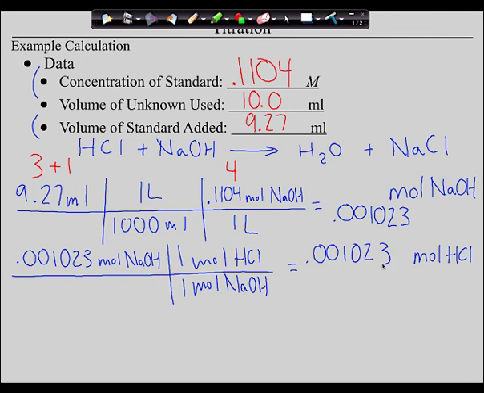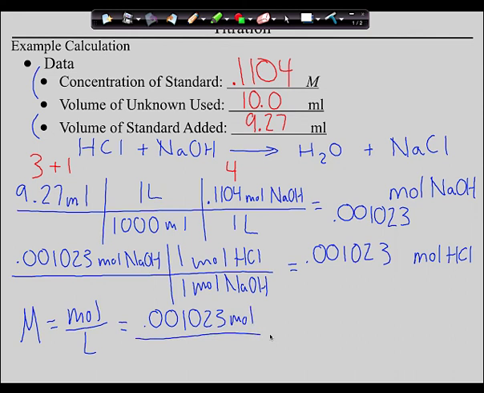All right. Now, guys, step 4. You ready? Molarity is equal to moles divided by liters. We're now ready to figure out the molarity of the unknown. So to figure out the molarity, we need to know how many moles of HCl we had and how many liters of HCl we had. Well, guys, how many moles of HCl did we have? Right there, 0.001023 moles.